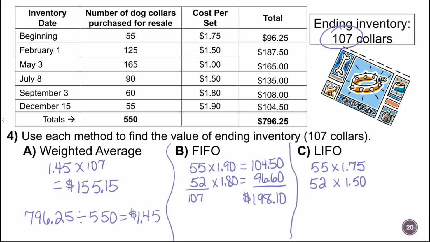And so when I multiply those out, I get 96.25 and 78. Add those together for a total of 174.25.